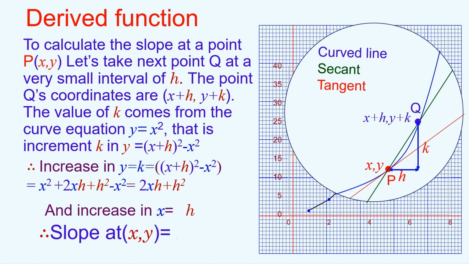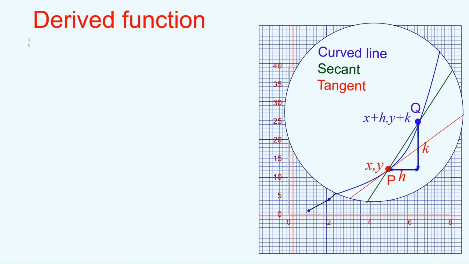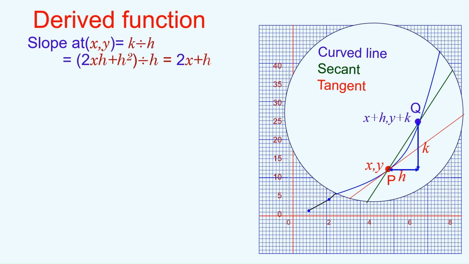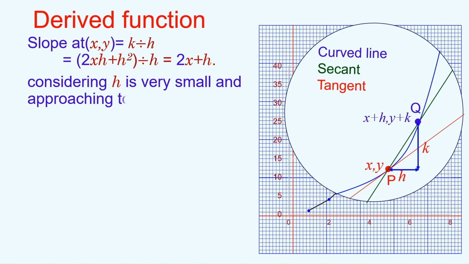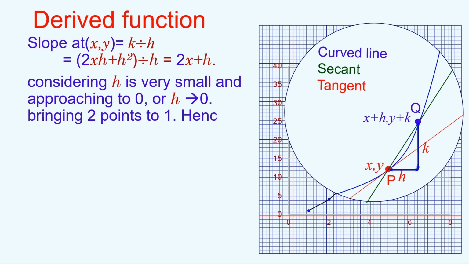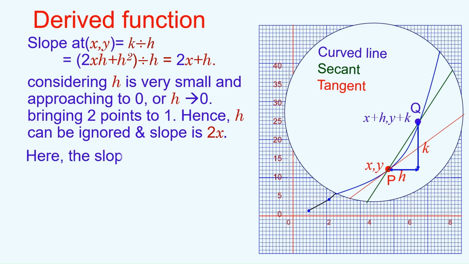Therefore slope at (x, y) equals k divided by h, equals (2xh plus h squared) divided by h, equals 2x plus h. Considering h is very small and approaching 0, or h tends to 0, bringing 2 points to 1. Hence, h can be ignored and the slope is 2x.